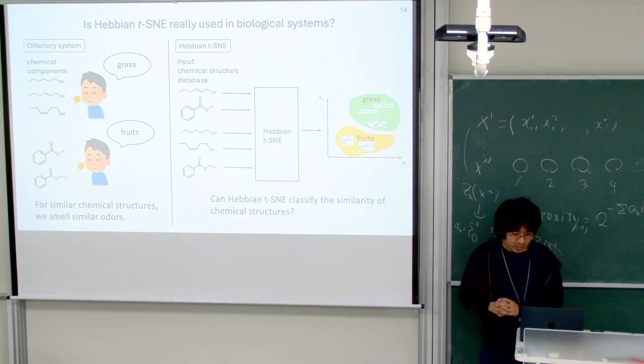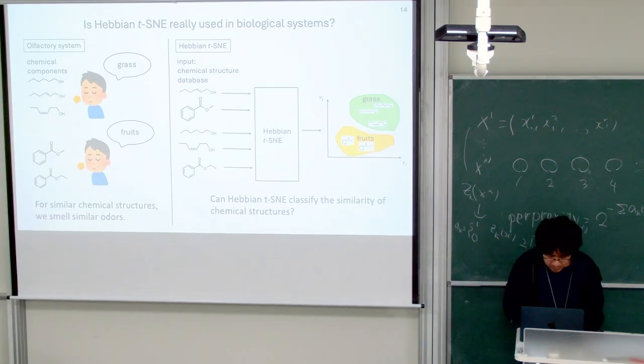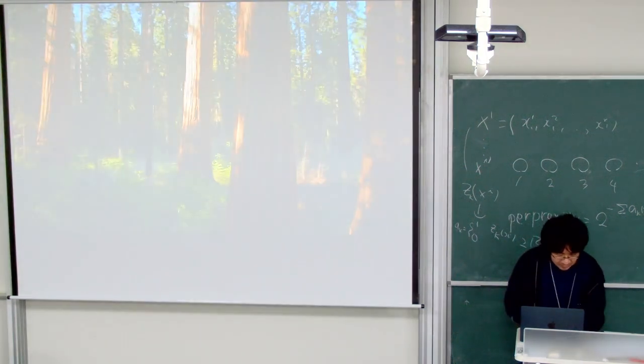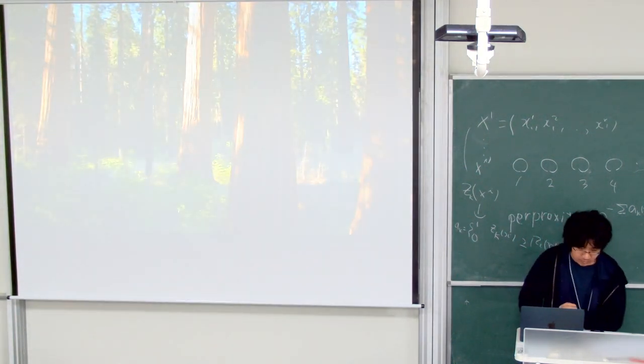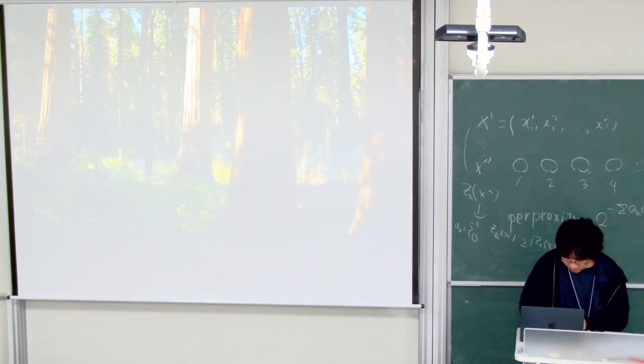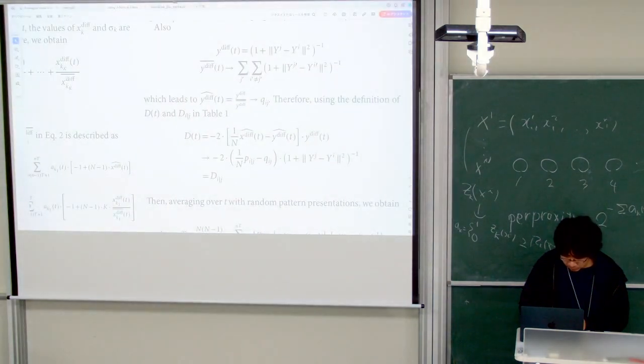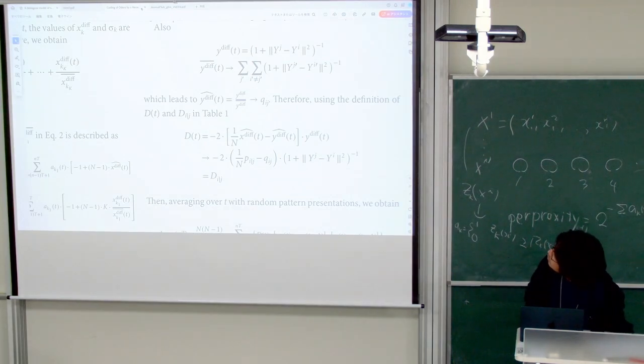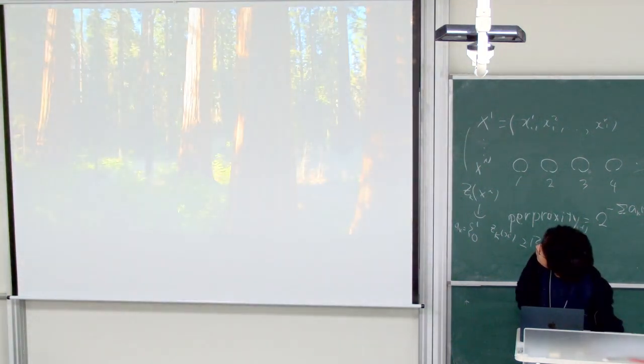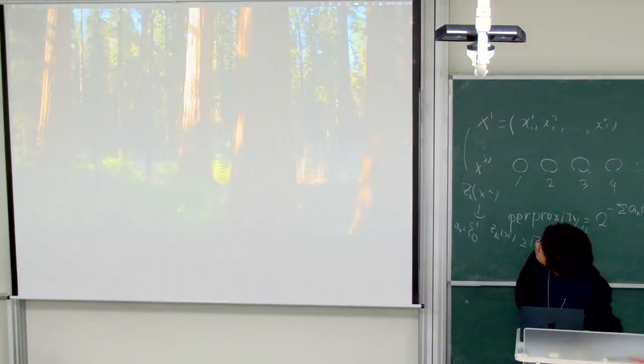So the input is what, a sequence or what? It should not be just a picture, right? It's high-dimensional data. I think it's just the firing rate of 50 different kinds of neurons.